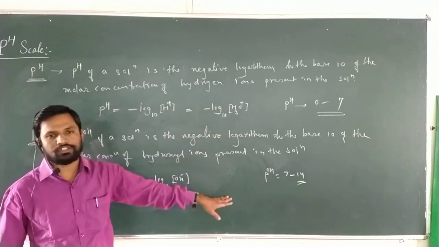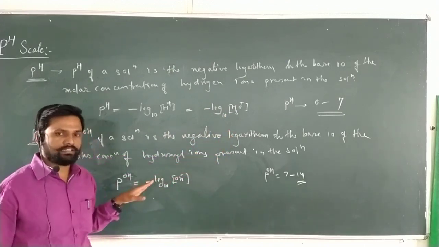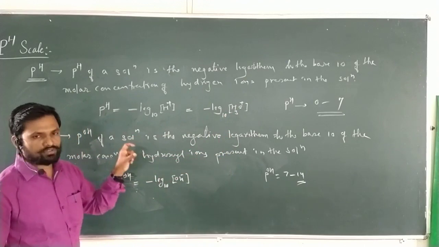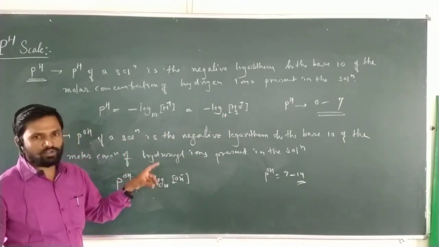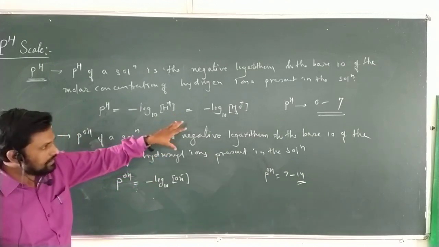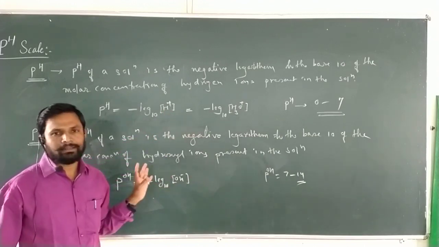If the pH of a solution is 1, it is a strong acid. From the values of pH and pOH, we can tell the nature of a given substance, how acidic or how basic it is.